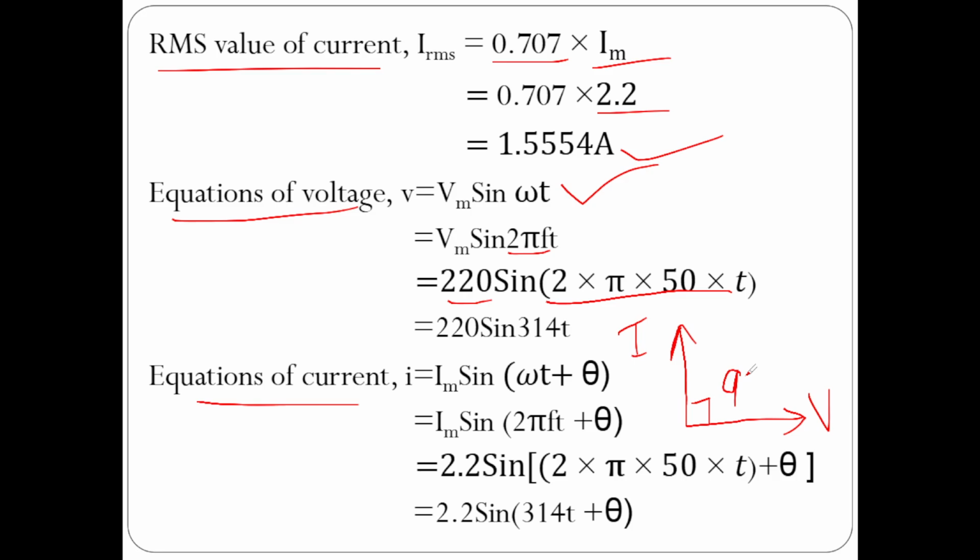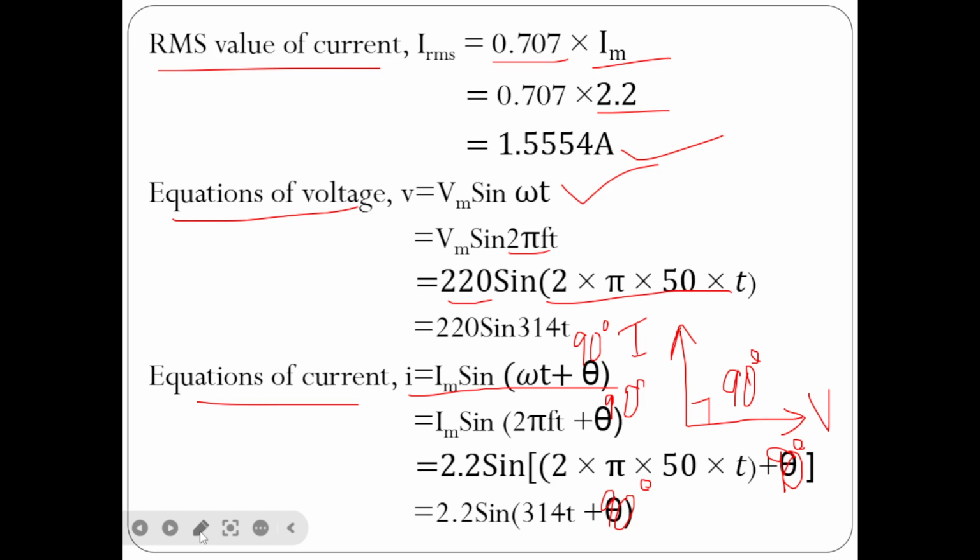So Im sin (omega t plus theta), where omega is 2 pi f, 2 into pi into 50 t plus 90. So this is the current equation, and this is the voltage equation.